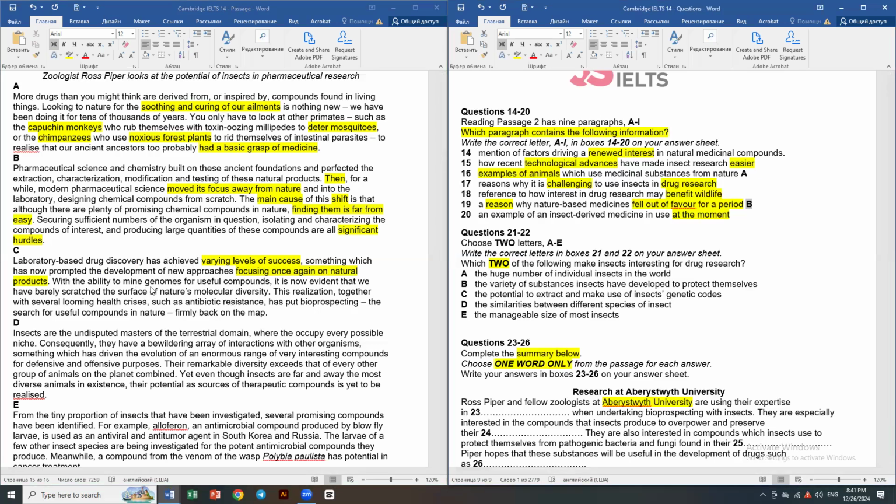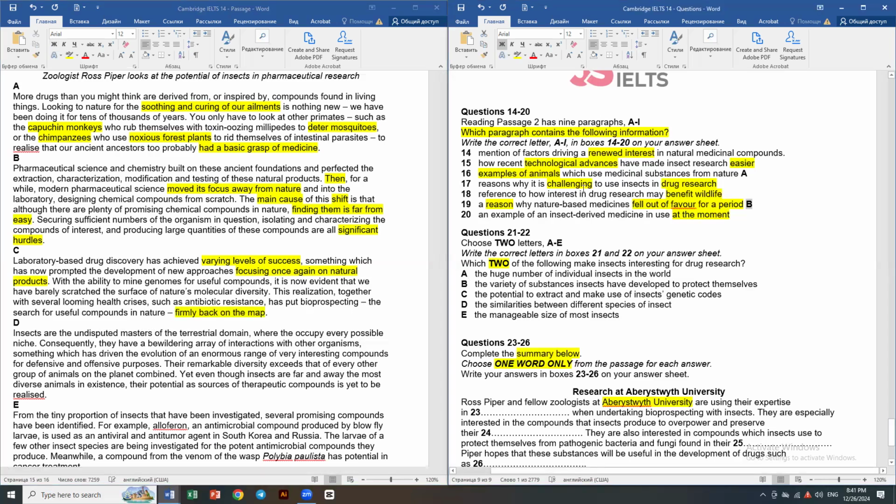With the ability to mine genomes for useful compounds, it is now evident that we have barely scratched the surface of nature's molecular diversity. This realization, together with several looming health crises, such as antibiotic resistance, has put bioprospecting, the search for useful compounds in nature, firmly back on the map. Back on the map means renewed interest.